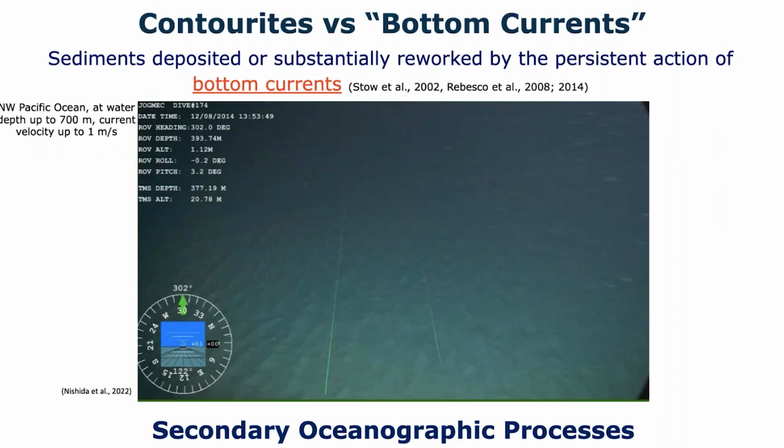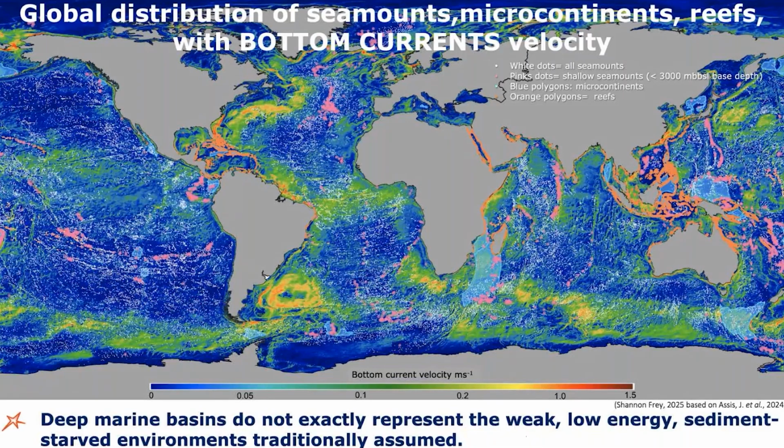Some of them have velocities of more than 100 centimeters per second, much higher compared to the thermohaline circulation. With this velocity, because of the influence of these secondary processes, we could have coarser sands or even gravels in the deep water.